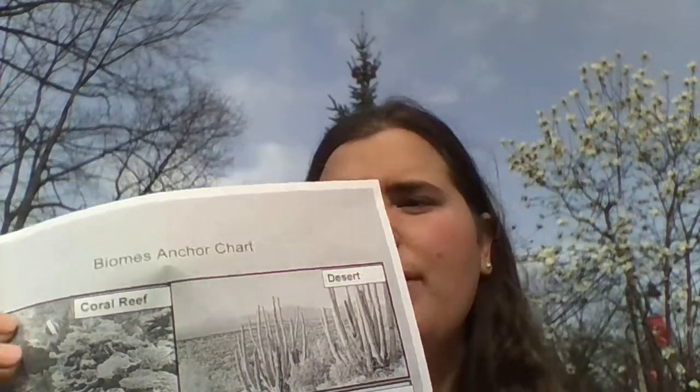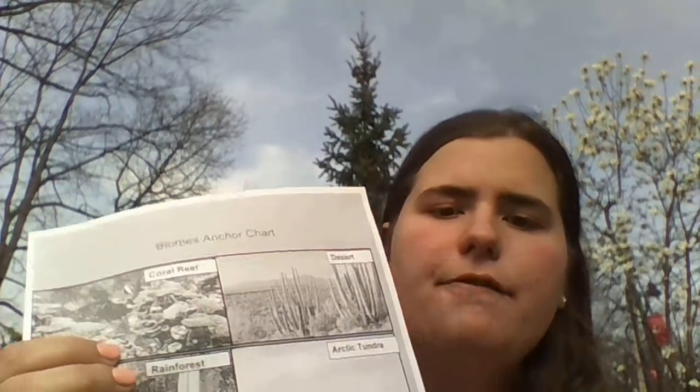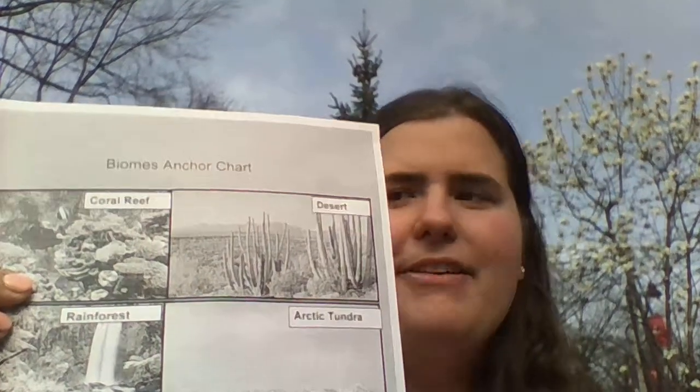You are going to choose one of our 4 biomes, and then your task is to create a new animal, or it can be an existing animal. It will be based upon the original environment, and then you're going to have it adapt to a new environment.